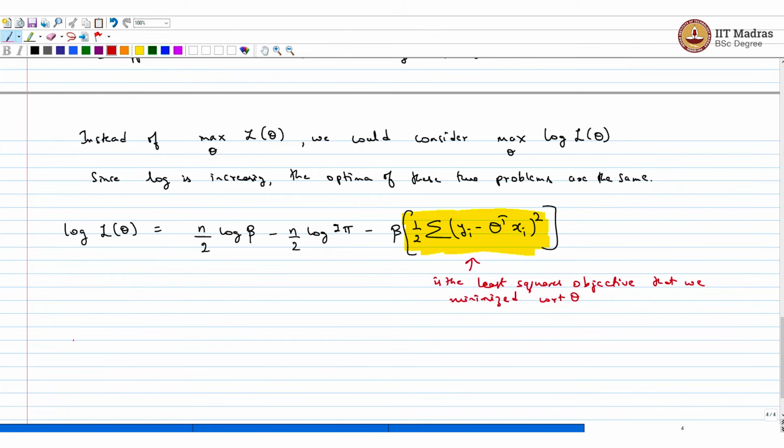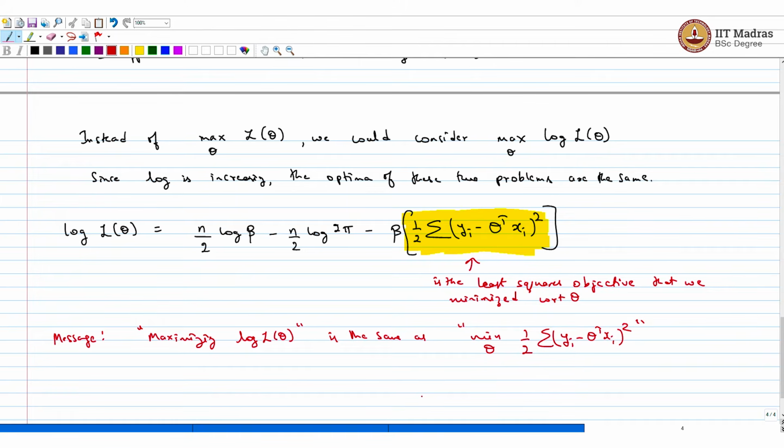So the message is, maximizing log L of theta is the same as minimizing over theta the least squares function, which is half summation (theta transpose xi minus yi) square. That is really the connection I want to make.